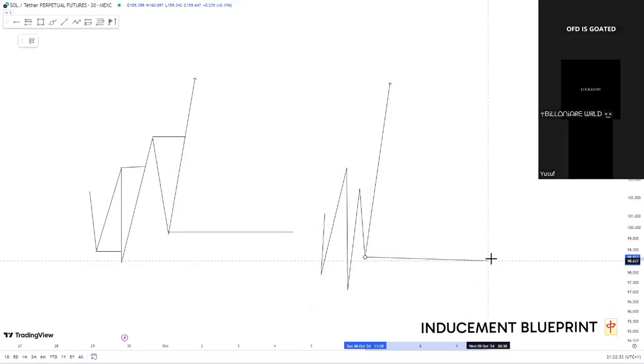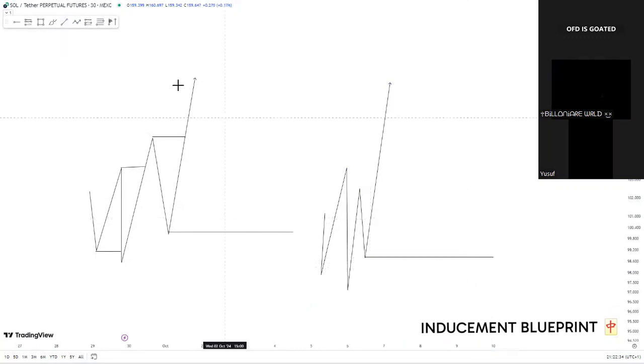So this is our inducement or liquidity. And then this is our sweep. And then this is the break of structure here.